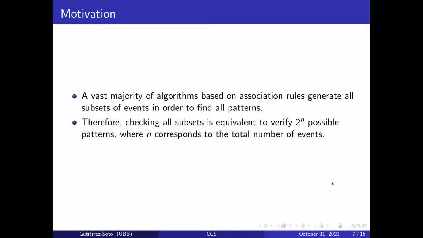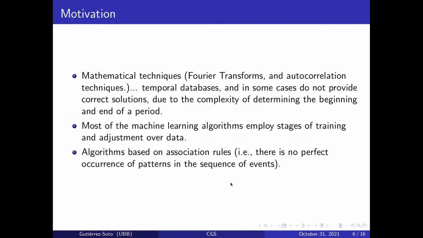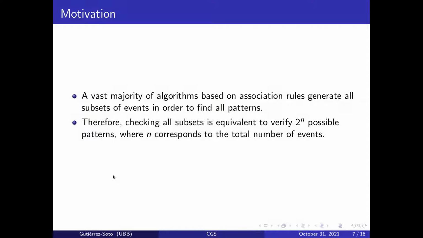Well, if you want to choose the most efficient algorithm or technique with respect to dimension, we have the algorithms based on association rules. But the problem with that type of algorithm is that we need to check the power set, because we can find all possible patterns.